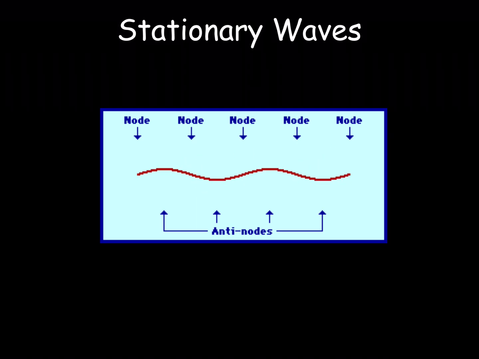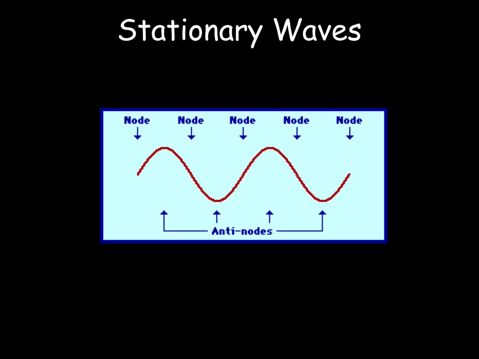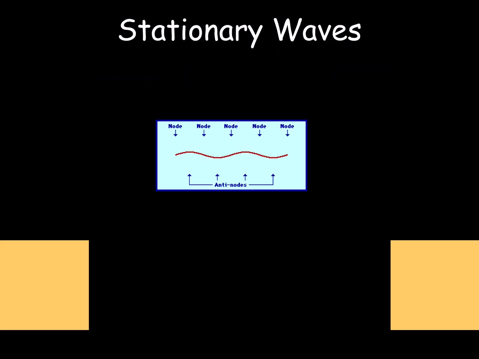Other parts of the string move a lot. They're called antinodes. So there are 4 of them, if you can spot them, and 6 nodes, including the 2 at the ends. So nodes and antinodes. Rather difficult to draw. The main thing is there is no net transfer of energy in a standing wave.